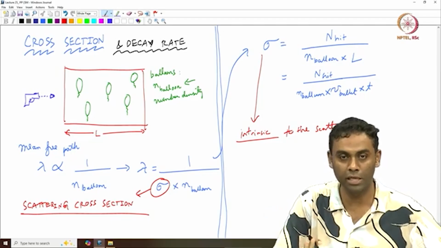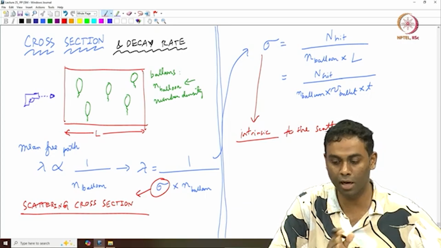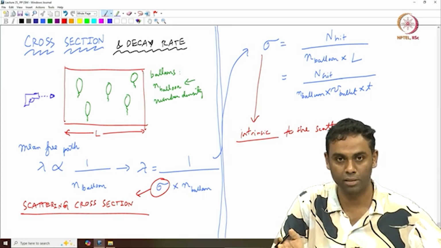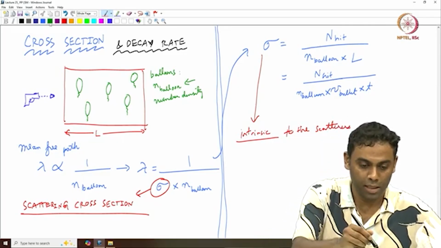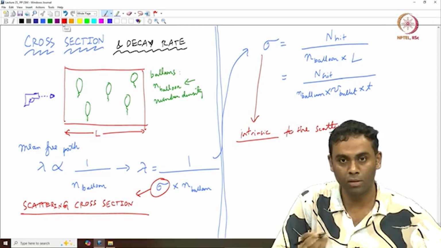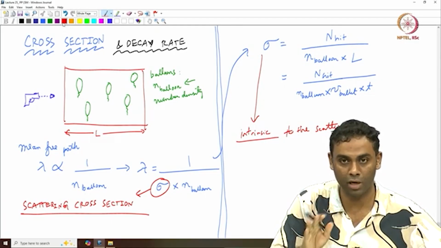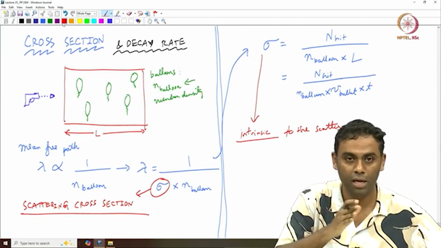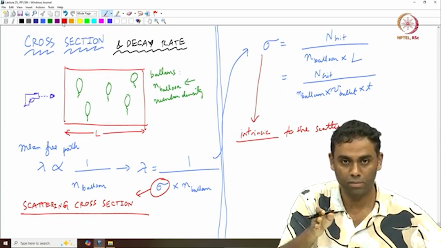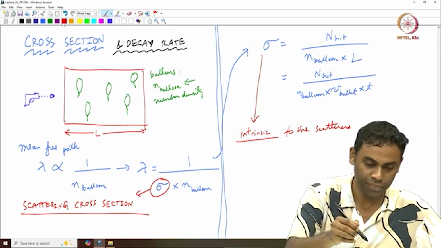This depended completely on the properties of the balloon and the bullet. If the bullet had been really large, maybe the cross section would have been larger. Similarly, if the balloon had been large, the cross section would have been larger, right? And if either was small, then the cross section would be smaller, right? So that was intrinsic. This was not in your hands. You are finding out some intrinsic property of interaction between the bullet and the balloon. Okay, so the cross section is not in your hands. That is the point here.